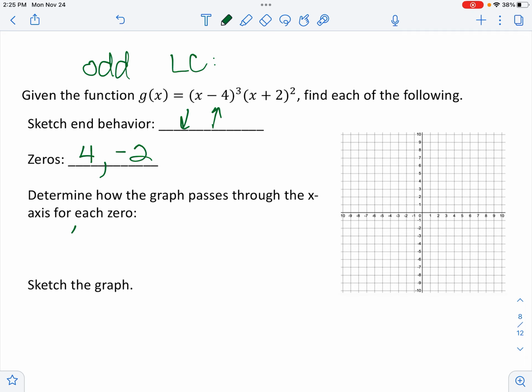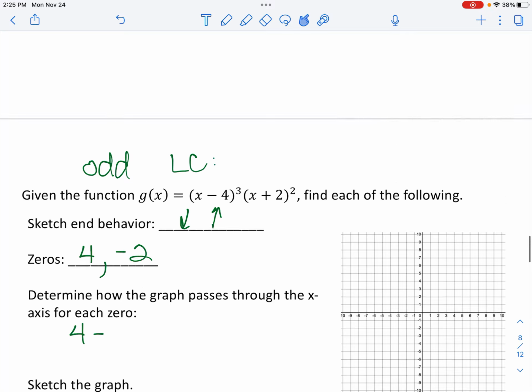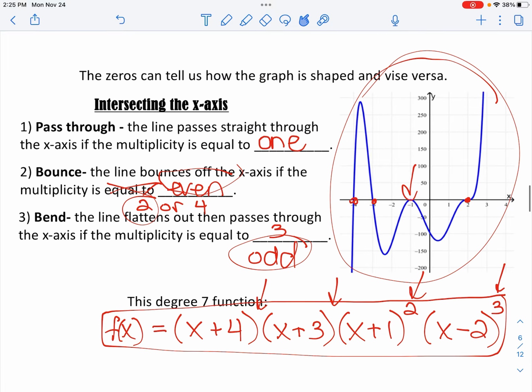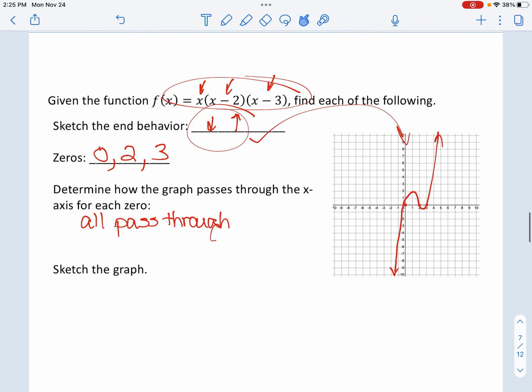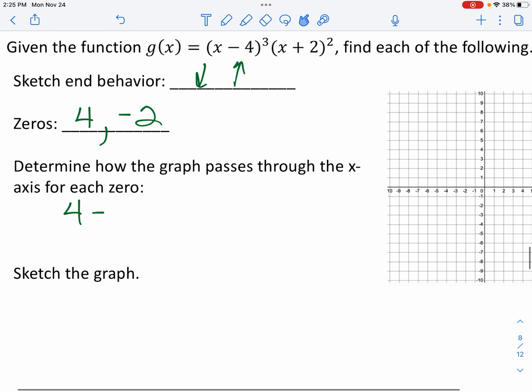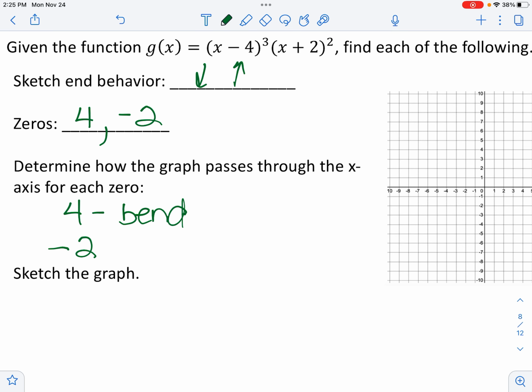So let's do 4 first. Because the power is 3, remember up here, if it's 3, then it's going to bend. So let's write that, bend. And then negative 2 has a power of 2 or a multiplicity of 2, so that's going to bounce.